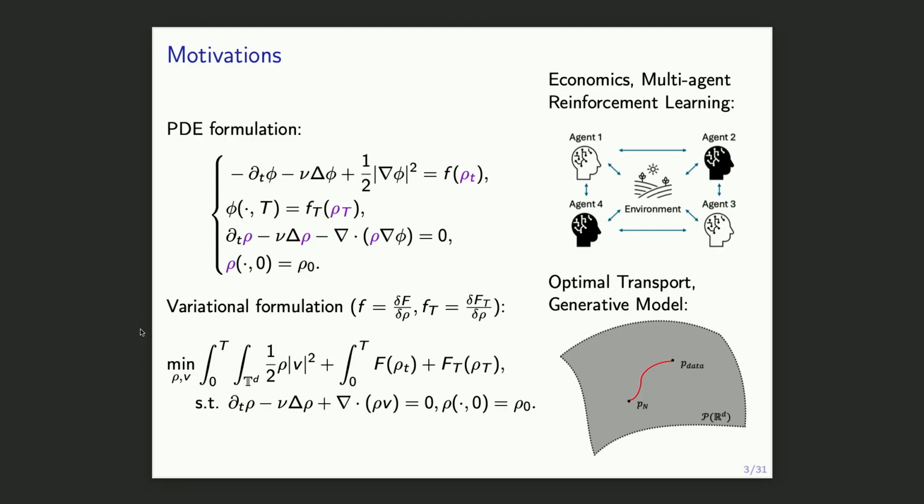For example, if you take the interaction cost to be 0 and the terminal cost to be some indicator function of the desired density, then the problem becomes exactly the Benamou-Grenier formulation of optimal transport. And in flow-based generative models, people care about how to move from a simple distribution, say Gaussian distribution, to the data distribution.